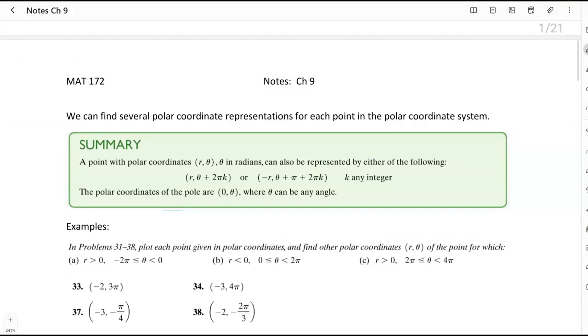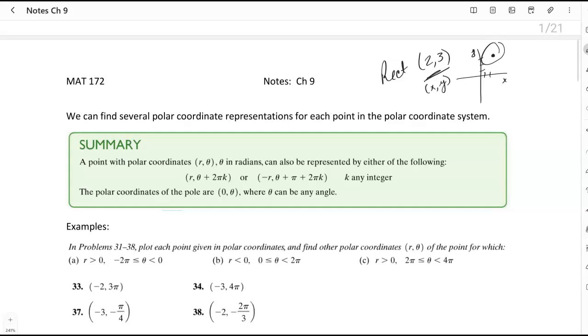So what's really interesting about polar form is that for a point, there's not one unique way to write it. If we were in rectangular form, let's think about the point (2, 3) again. So we know the point (2, 3) would have lived here. That's the only way I could describe that point in rectangular form, where I'm talking about an x-coordinate and a y-coordinate.